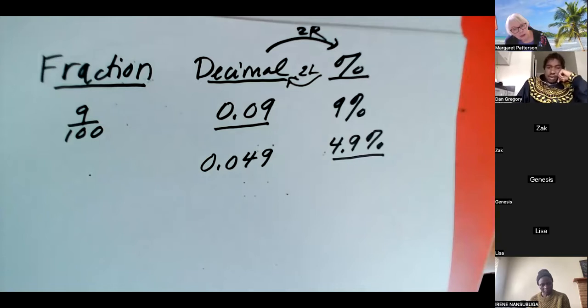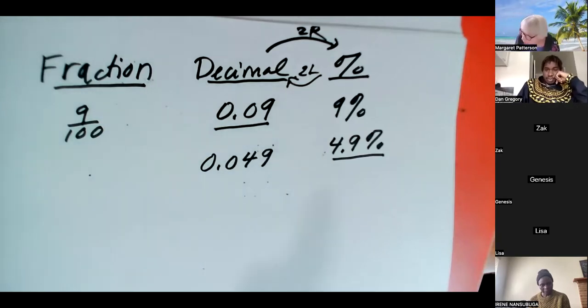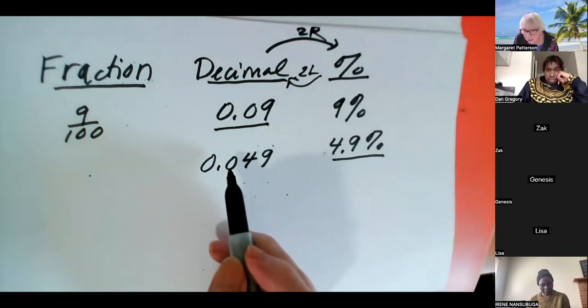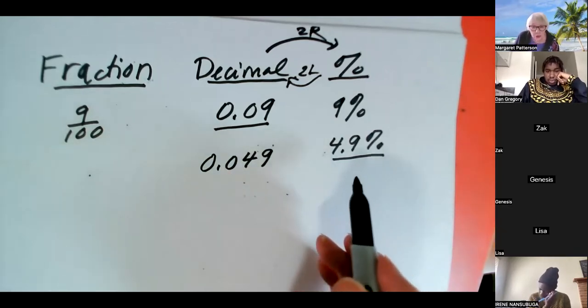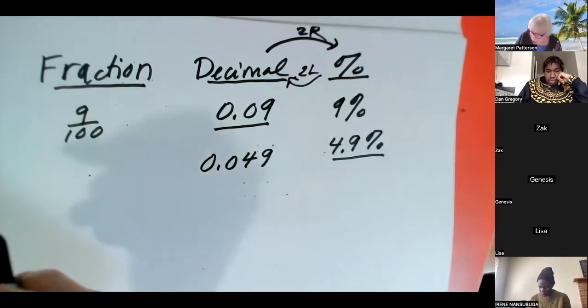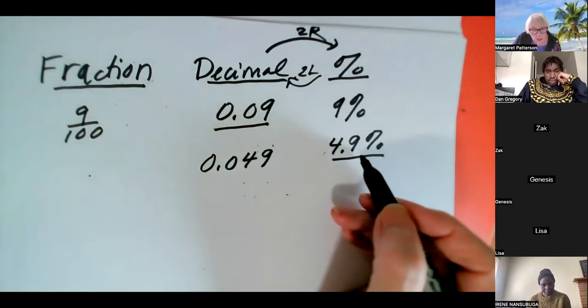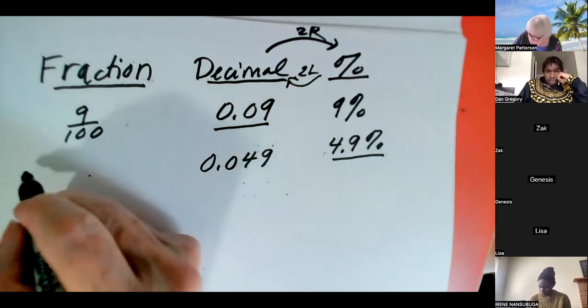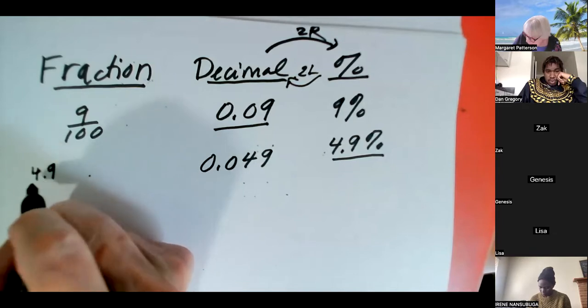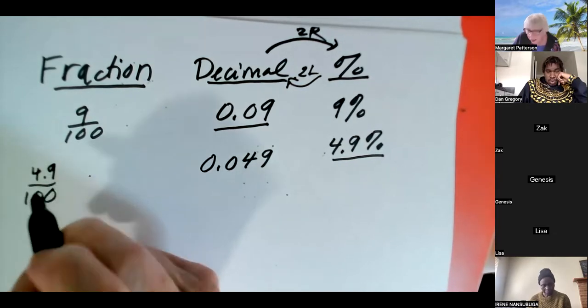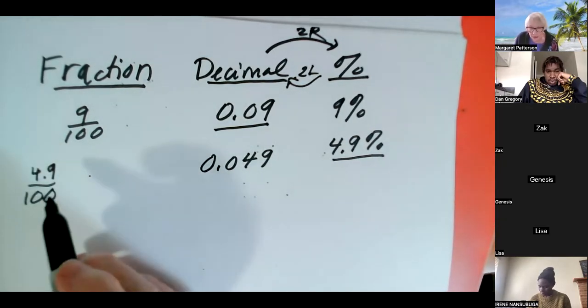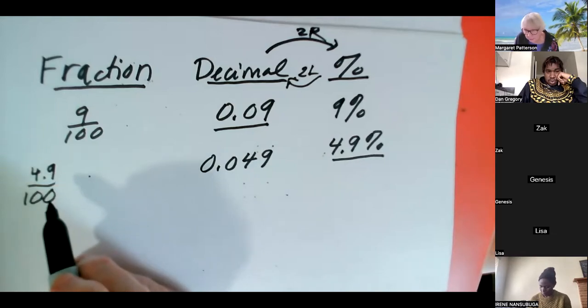I say 0.49 over 100. Almost, but if you look at the decimal, there are two possible ways to do this. One is to go with the percentage and then bring it over, which would have to be 4.9 over 100. But I hope that's looking like that's not really the way they like it, with a decimal inside of a fraction.